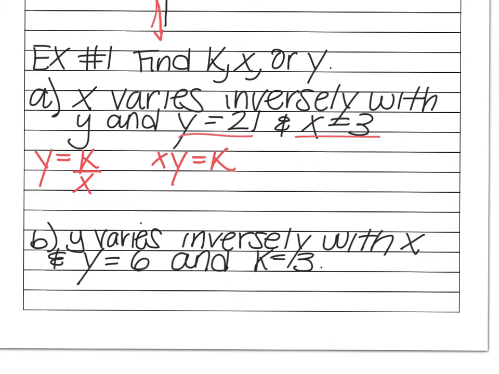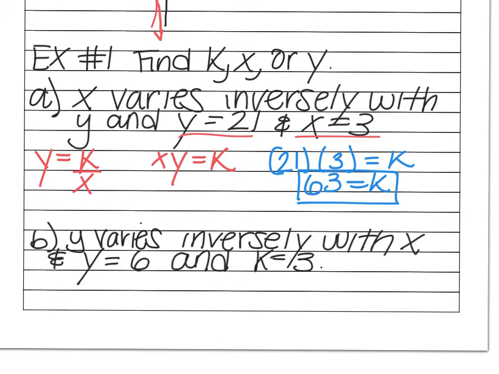You can use any of these to find out what k is. I suggest that you use this one if you're trying to find k, because k is all by itself. All you'll have to do is multiply what x and y is. So I'm going to have 21 times 3 equals k. 21 times 3 is 63. So I have k equals 63, and I found the constant of the variation.